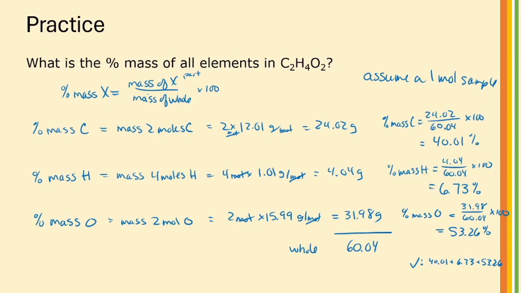Can't do it right on my calculator. 40.01 plus 6.73 plus 53.26. Okay, that worked. Equals 100. So that's good. Now, sometimes it's like 100.1 or 99.9 due to rounding differences. Sometimes it may be off by a tiny bit, but it should be very, very close to 100.